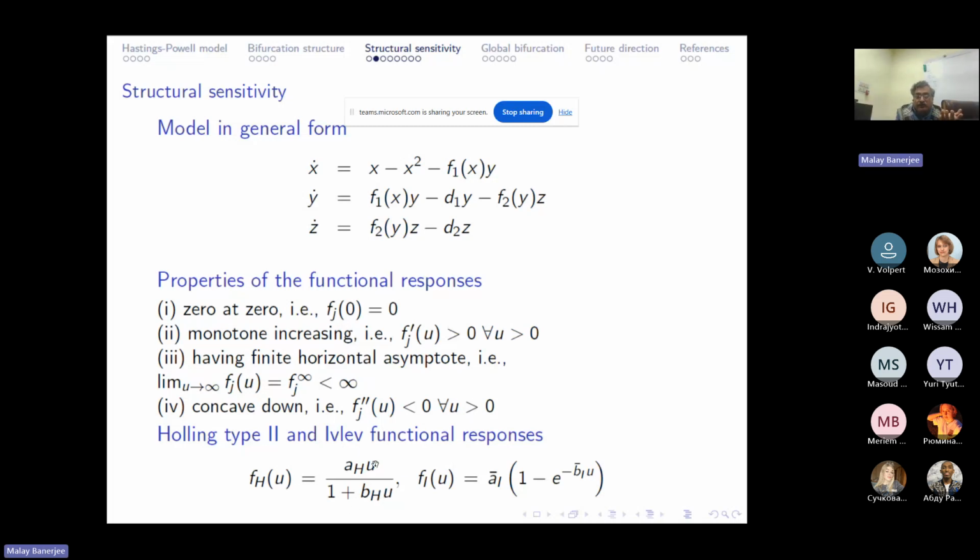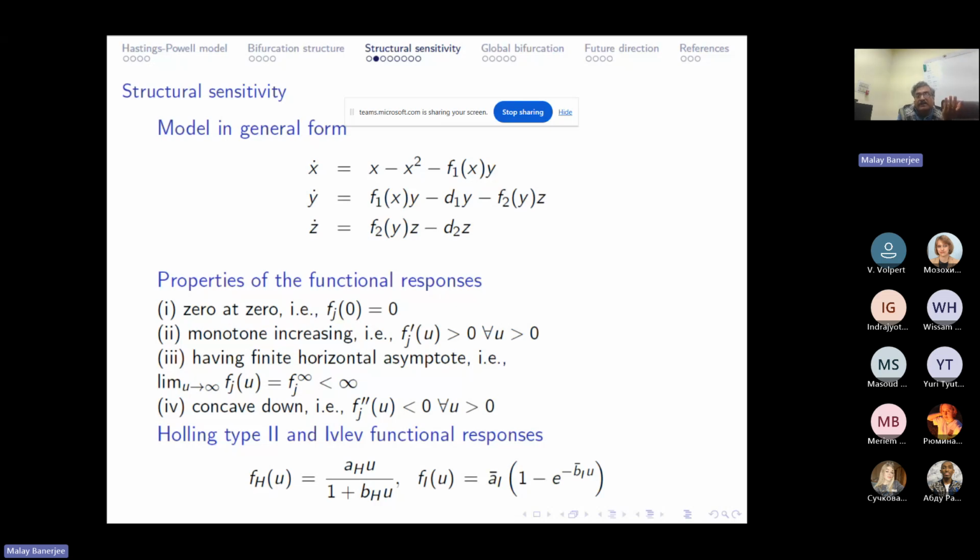That might not be true. Rather, they are following some kind of evolutionary approach. With the advancement of time, there might be a change in the grazing pattern. And what we are interested to check is that, keeping all the properties of the functional response unaltered, if we slightly change the parameterization of the functional response, whether this change will affect the existing bifurcation structure or not.